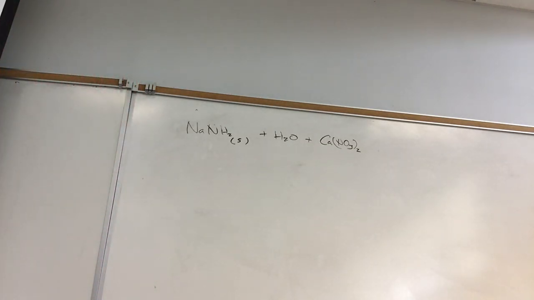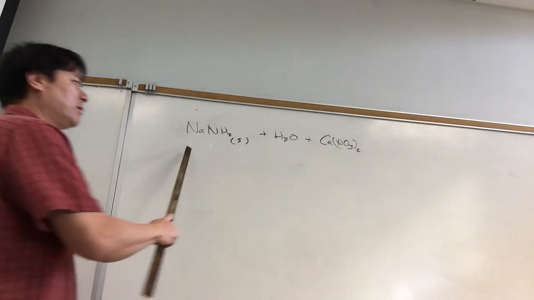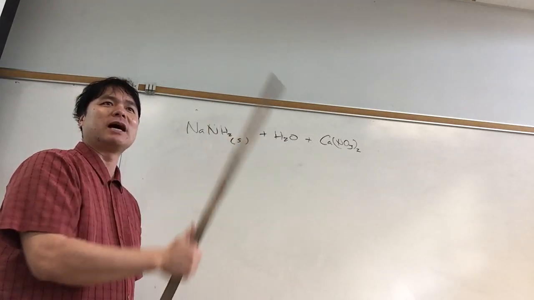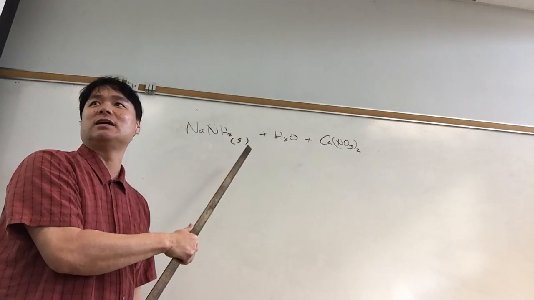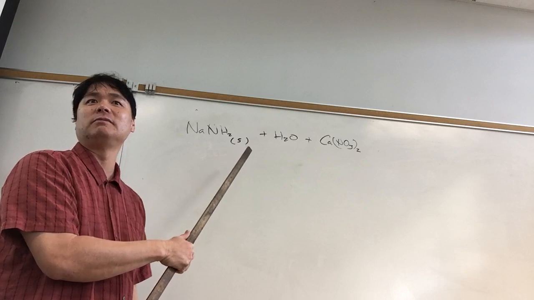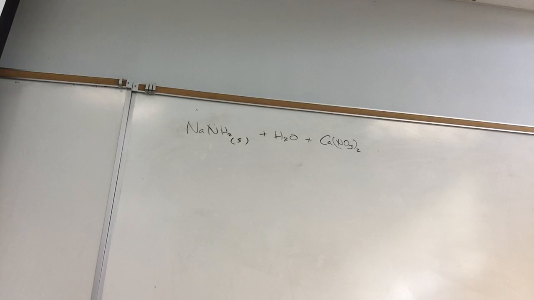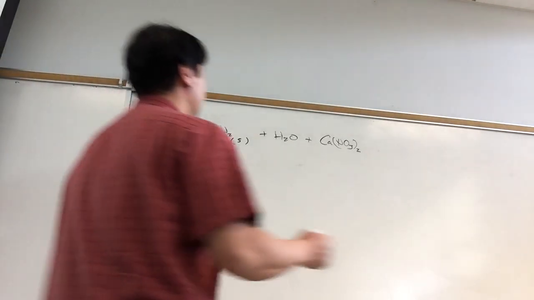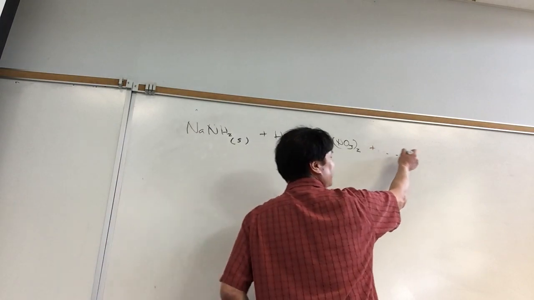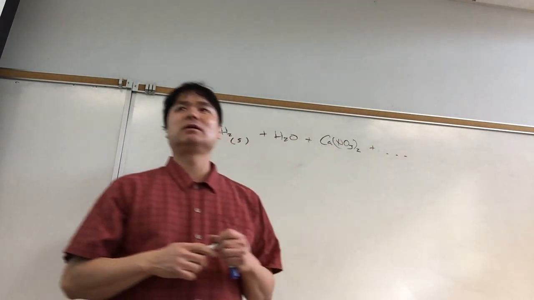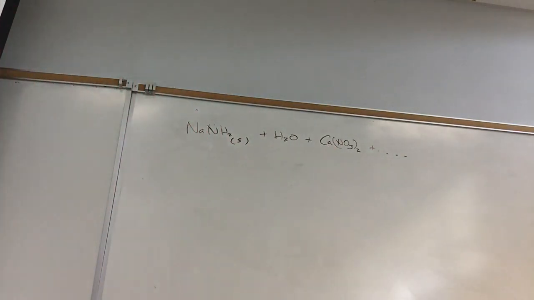In fact, the percentage of people with a blank page will increase dramatically because now people have no idea how to do this problem. Just by throwing in a couple of spectator species, it screws people up. Or I'll throw in some more, plus, etc. It doesn't matter how many I put in there. The approach is the same.